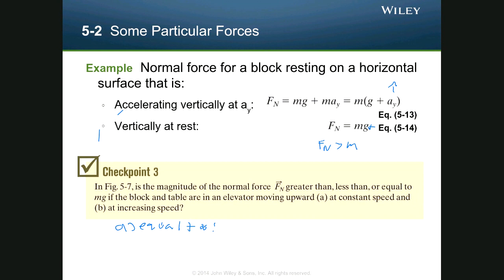Let's look at what the problem says, because the problem gives us the rules of the system. So in part B, the elevator is moving upward at increasing speed. If the speed is increasing, it must be accelerating. If it's accelerating, ay must be positive, right? Because if we look here, we're just summing the forces. We're saying that this is positive. If there were a balance, it would be 0.